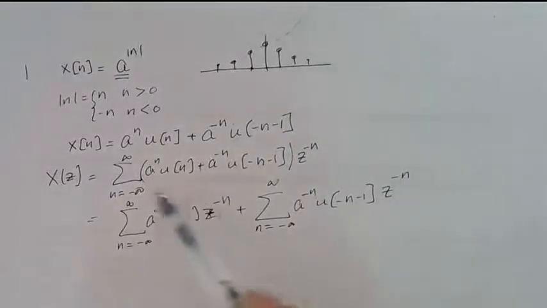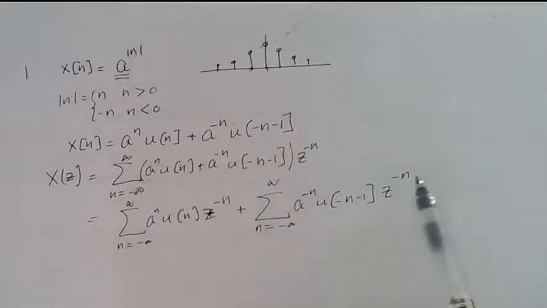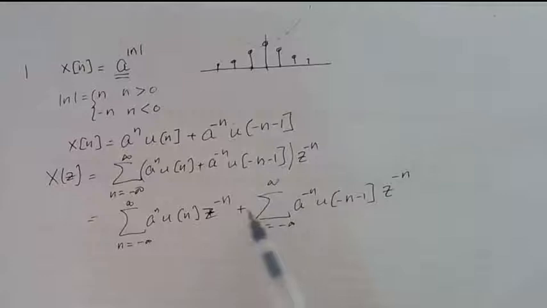And I can do that if everything converges. If things don't converge, I can't do that. So now let me take each one and find out where it converges, and then in the region in which both of them converge, I can add the two up.